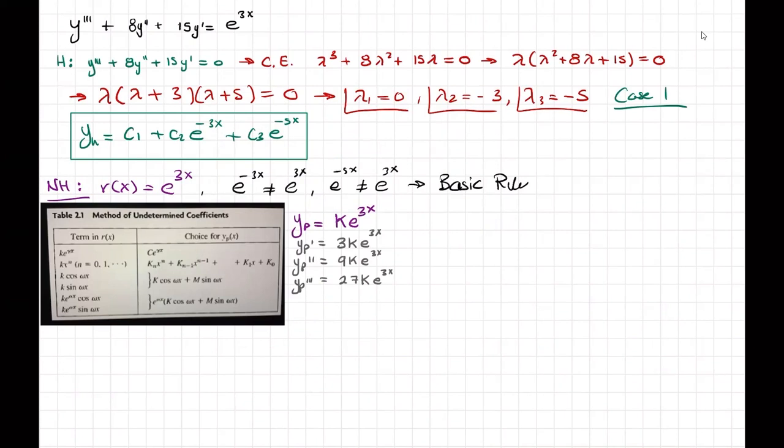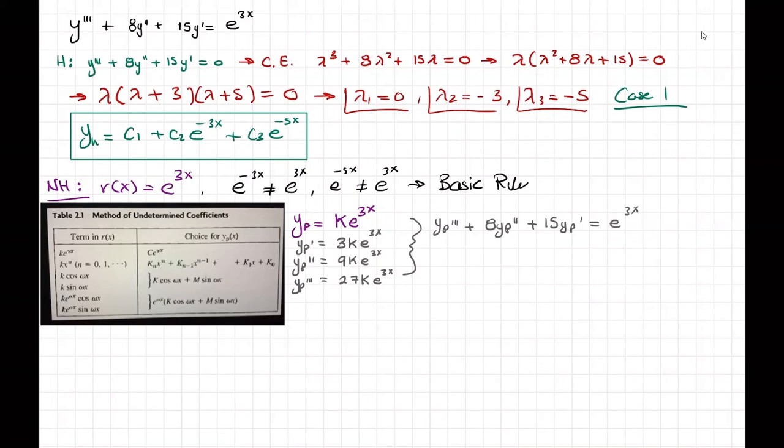All right, so let's plug into our original equation, which is yp''' + 8yp'' + 15yp' = e to the 3x.